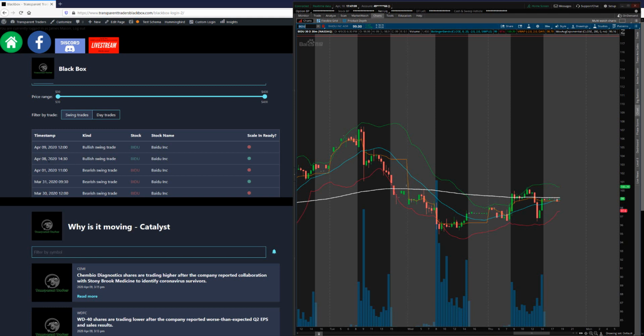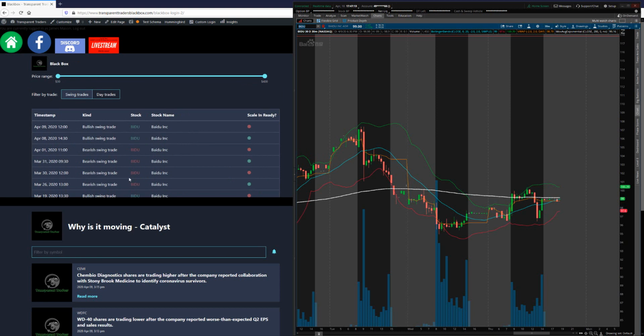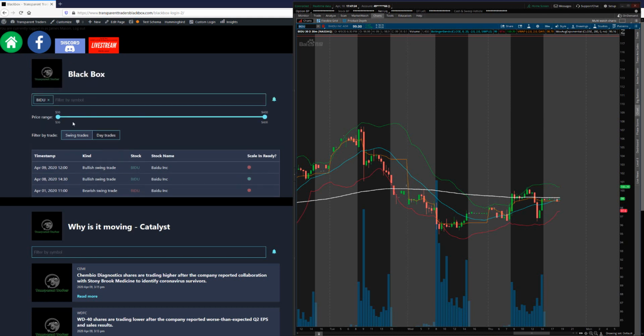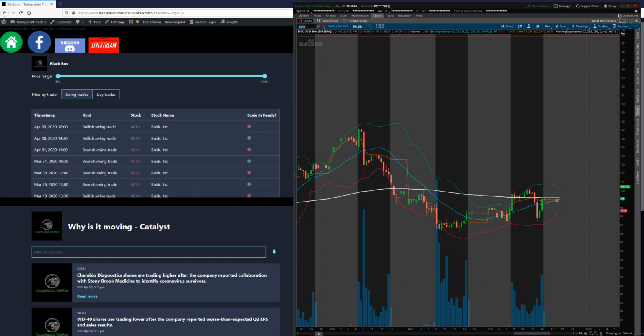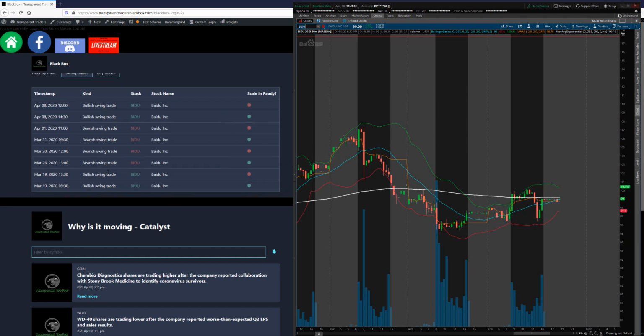So, as I would have been sitting here, looking for swing trades, and then on April the 8th, I see BIDU come up for a bullish swing trade. I would have searched it. I would have looked to see what it did beforehand. Because if there's a continuous amount of the same alert, I may not necessarily want that.